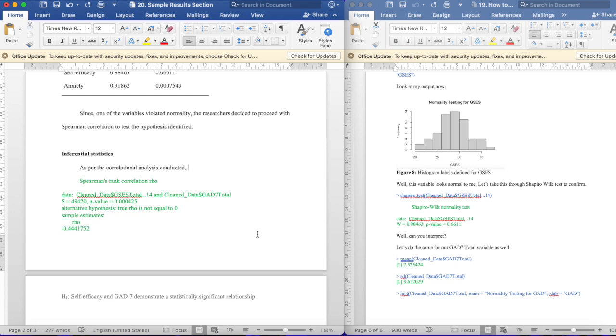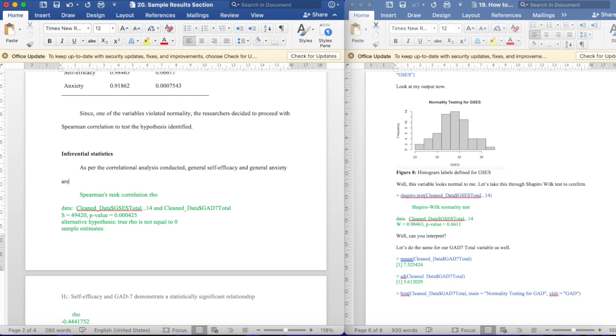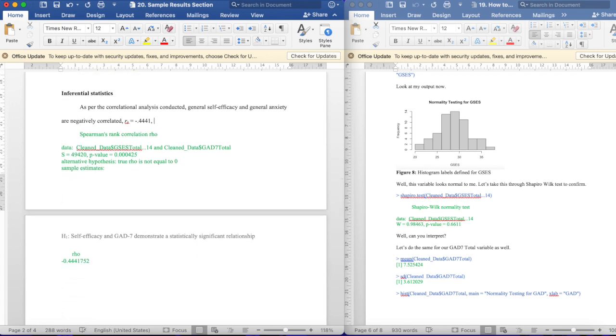As per the correlation analysis conducted, general self-efficacy and general anxiety are, you could say, inversely related or negatively correlated. And then I'm going to just write it like this. Here S has to be written like this, r_s in italics, negative 0.4441, and then I'm going to find the effect size of this one as well.